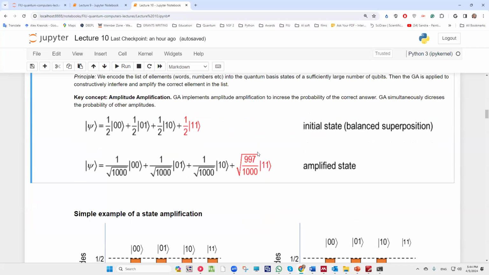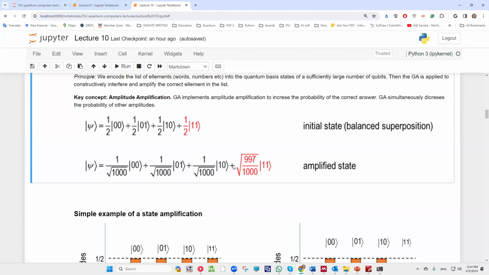However, if I amplify one of the states, meaning that I increase its probability amplitude in favor of the other amplitudes, I make the other amplitudes smaller and the desired one larger.